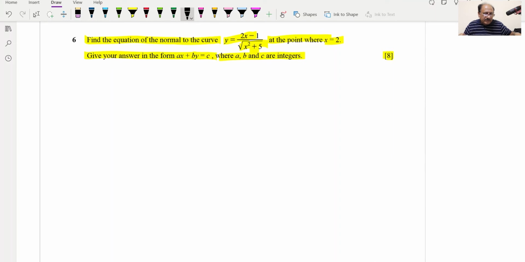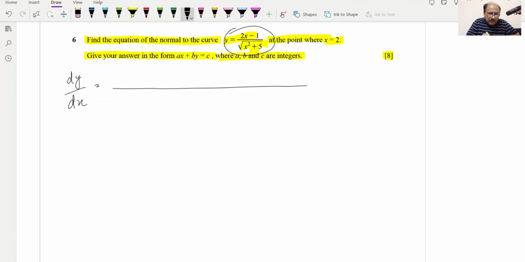So to find the equation of the normal, we will find the gradient of this. To find the gradient, we will find the derivative dy by dx, which is y dash, and we will be applying the u over v formula. U over v formula means we will be writing the square of the denominator, which is this one.